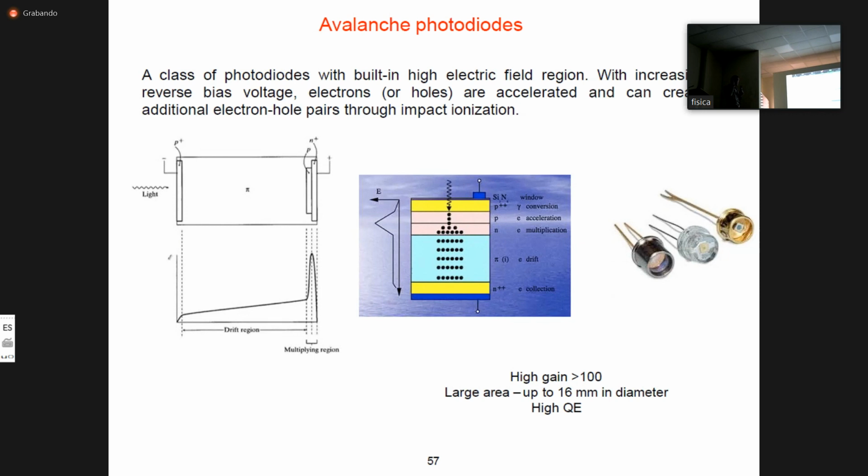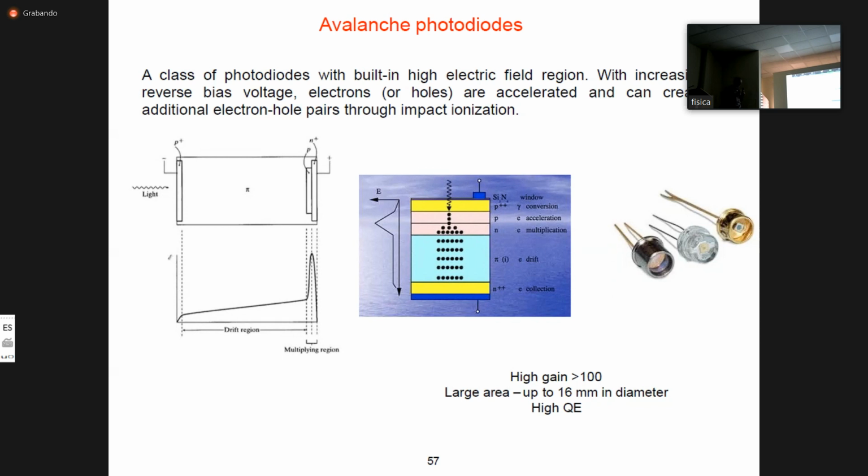They proposed to apply a high electric field to the photodiode and invented the second type of photodiode, which is called the avalanche photodiode, because they applied high electric fields to this semiconductor structure. Here you can see the picture. You have an initial photon which creates electrons, and these electrons start moving under the influence of the electric field.